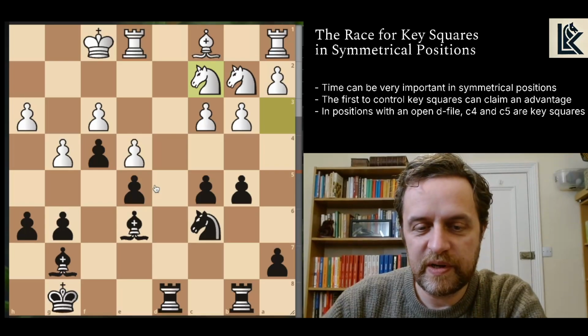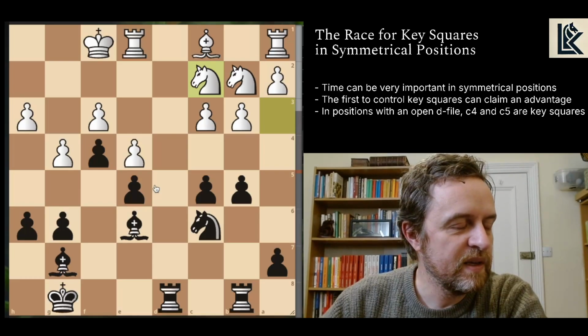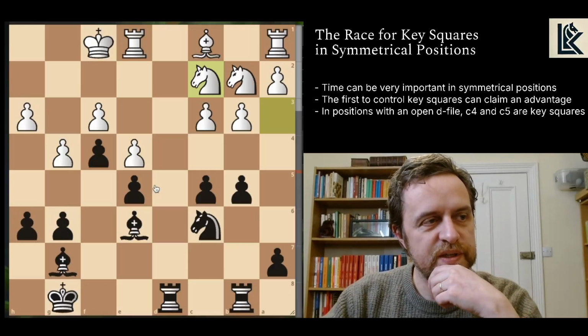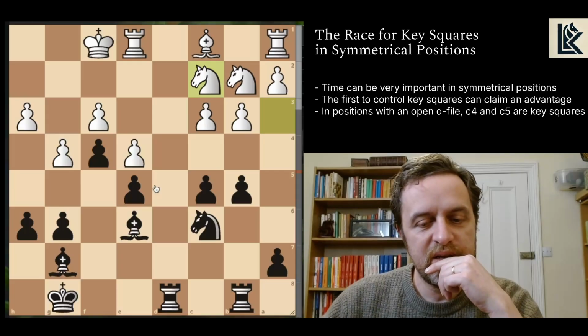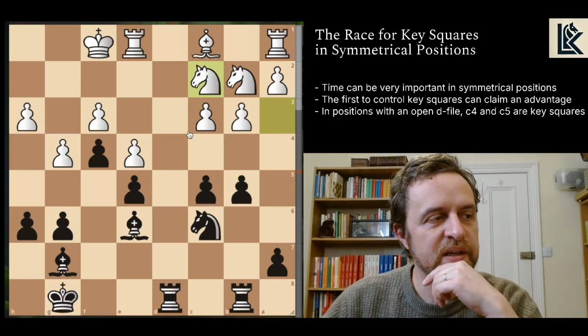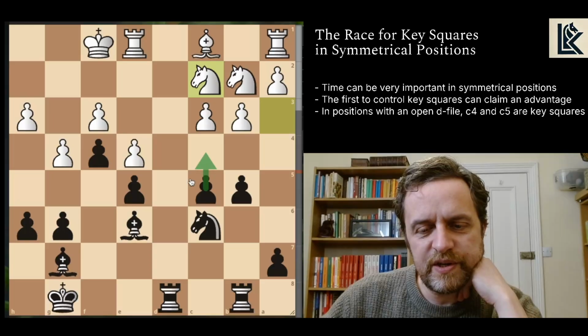So even just visually, we can now see that white is in a box. So I decided this was a good moment to open the H file so that I could bring my rooks into the position. Apparently this is a slight inaccuracy, and the engine would like us to straight away occupy the key square with a pawn. I didn't really want to do this.